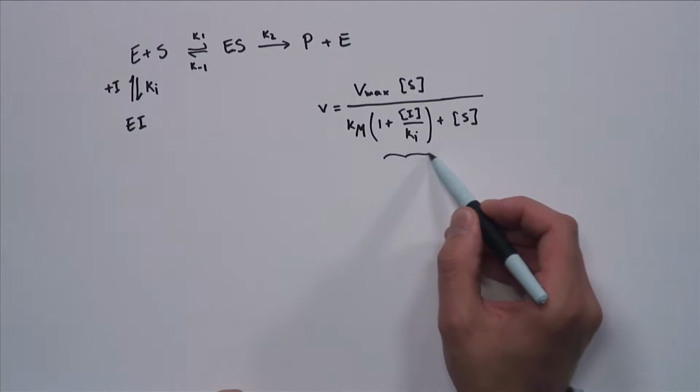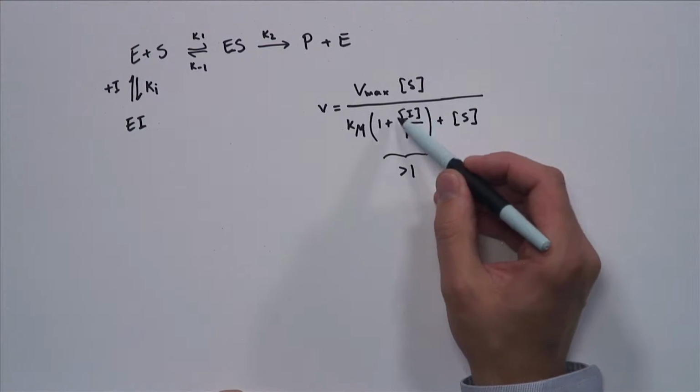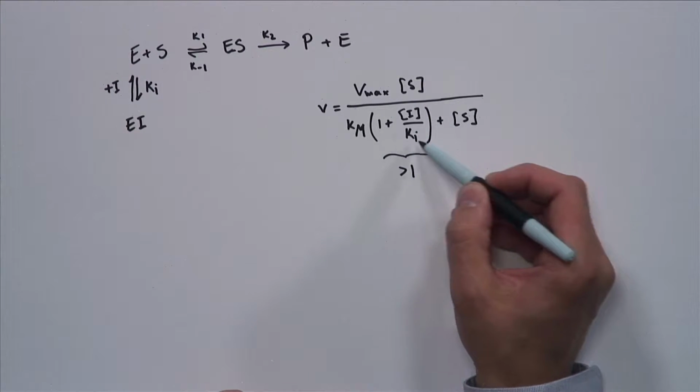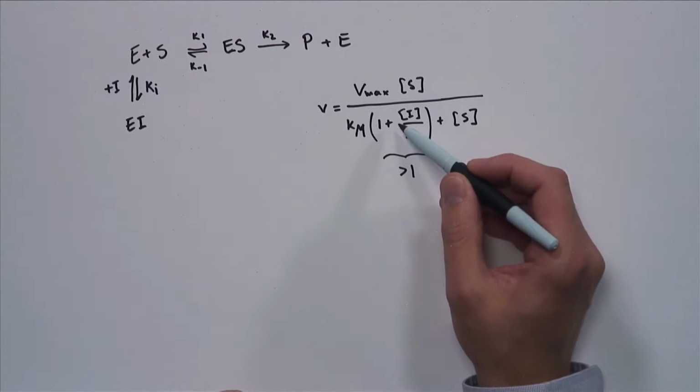Notice here that this term is always greater than 1, because the concentration and Ki are positive numbers, so this is 1 plus something positive.